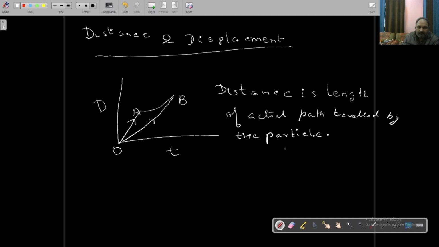Okay. If you join these two points A and B with a straight line, then it becomes vector AB.